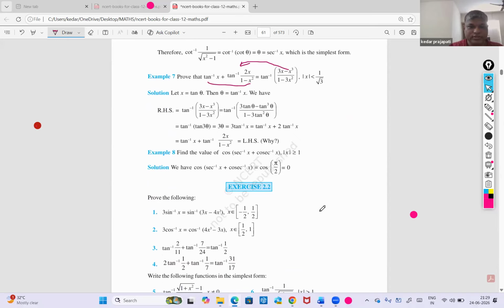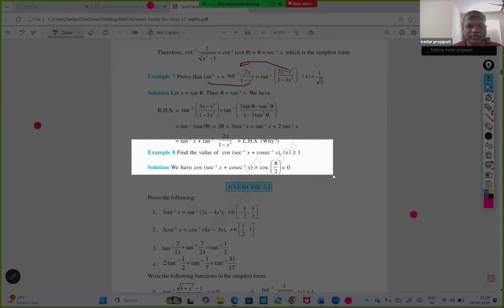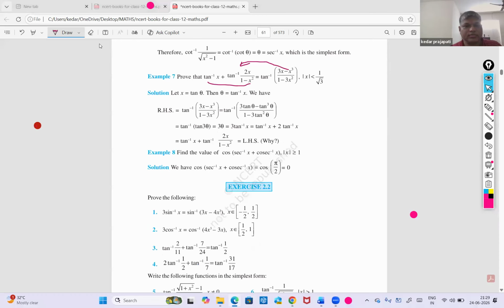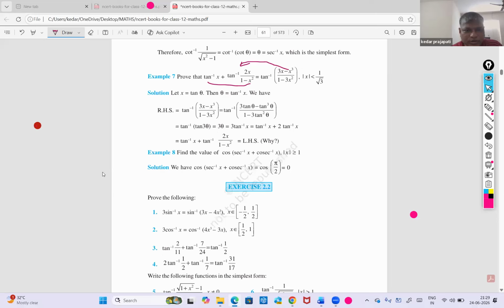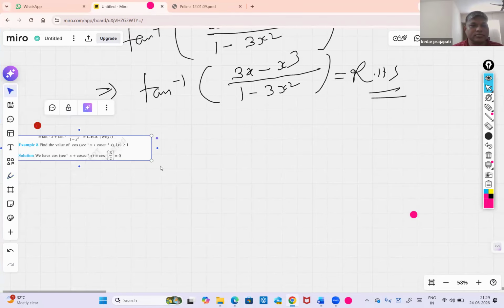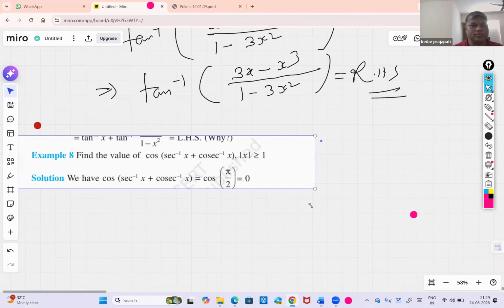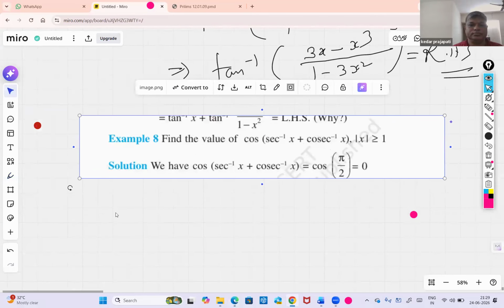Now the question is to find the value of this. This is question number 8. This is a direct formula.